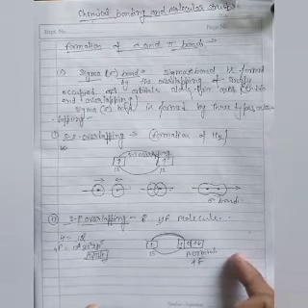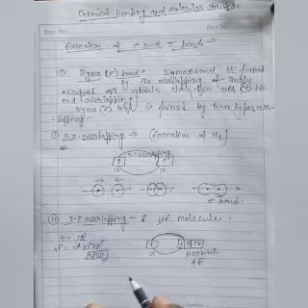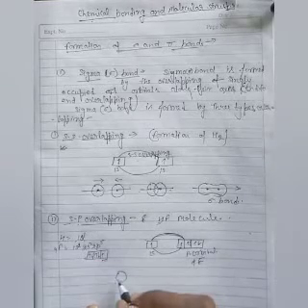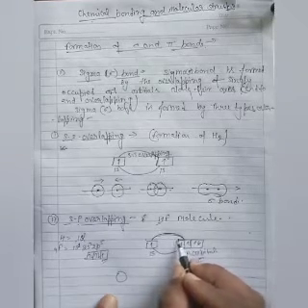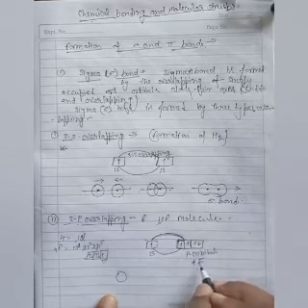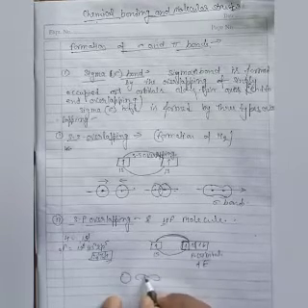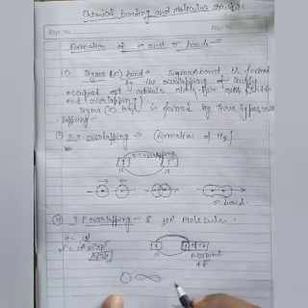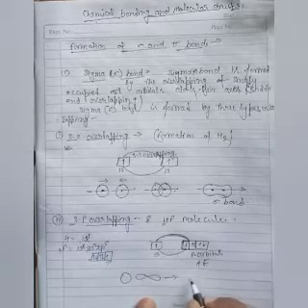We can illustrate it: this is the s orbital of the hydrogen atom, a spherical orbital, and this is the p orbital of the fluorine atom, a dumbbell-shaped orbital. When they come closer, they overlap in this manner.